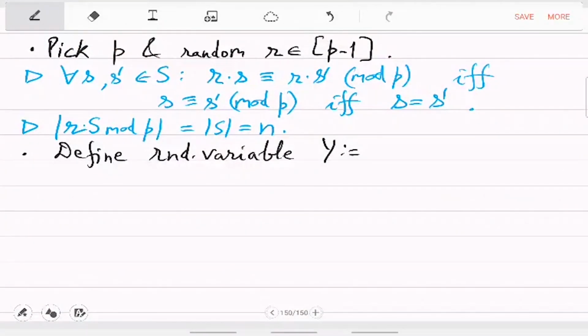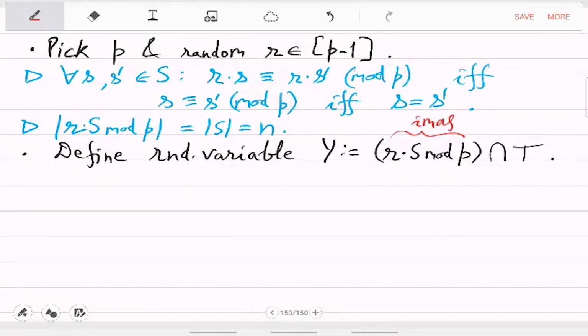That is given by R dot S mod P set intersection with T. So how many elements of T did you hit via this transformation? That is the image of the map, and this one is sum free.